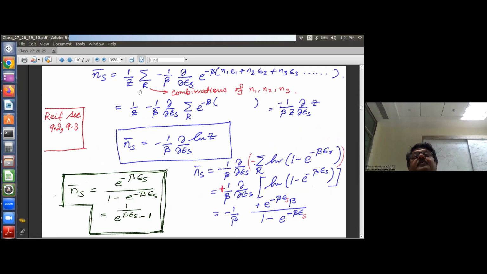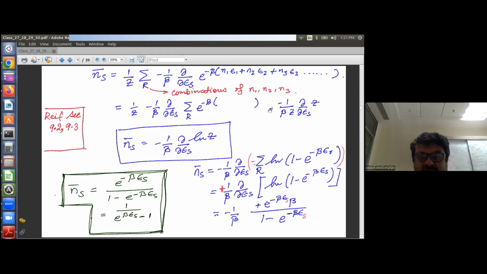Different microstates will be defined by different combinations of n1, n2, n3, and then this will give 1 by z into minus 1 by beta del del epsilon s into the partition function, and from there you get n bar s equal to minus 1 by beta del del epsilon s log z, right?